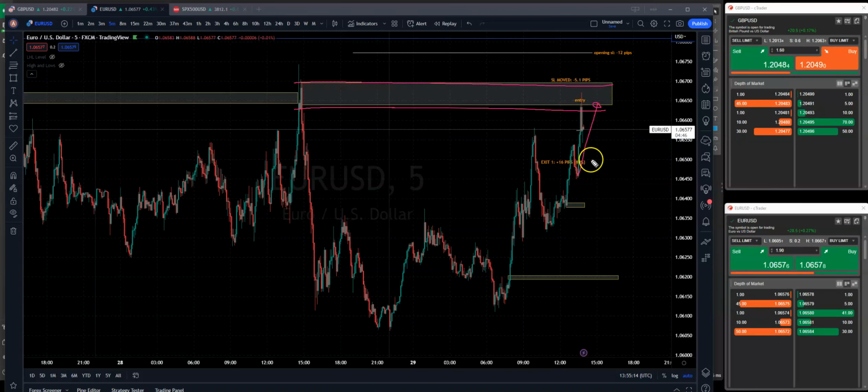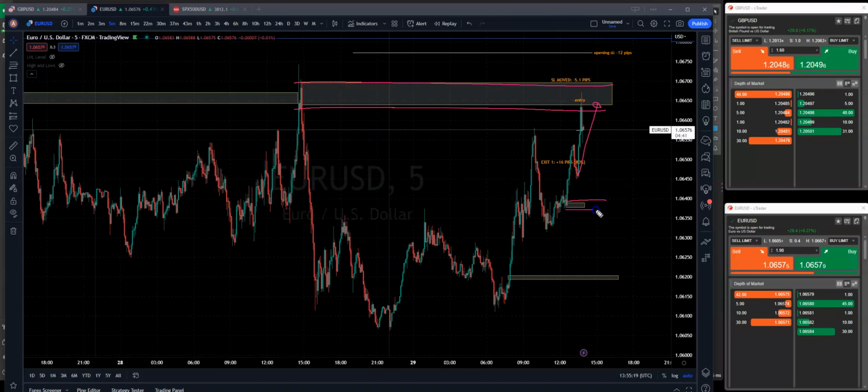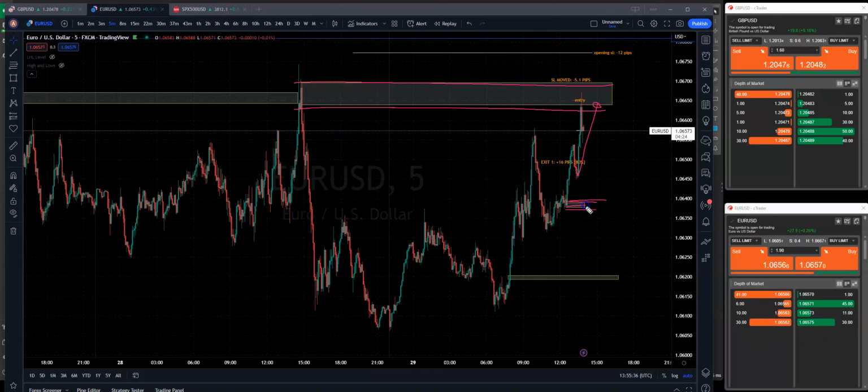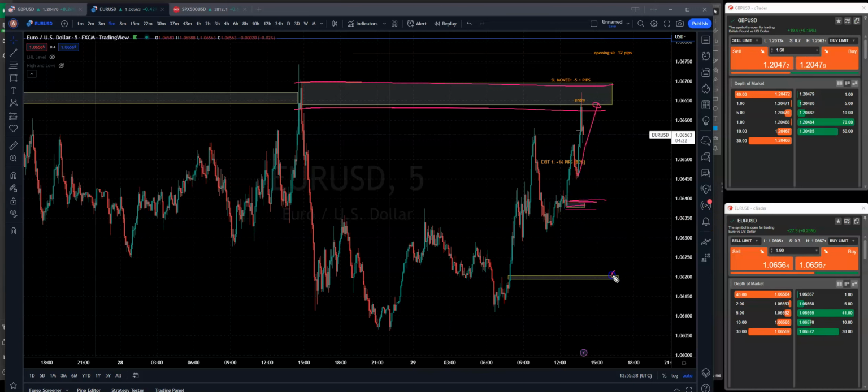I think we can see it draw down to this area. Reason being that we have a little bit, not a super gap area, but it's holidays time, so currently very efficient price action, so there's a high likelihood that this will fill in this area, and quite possibly to the intraday lows in here.